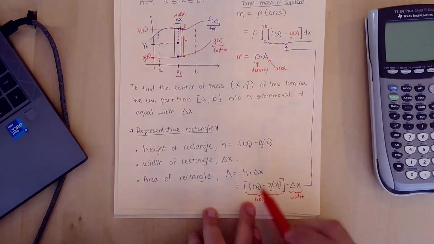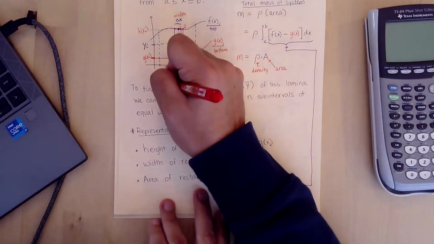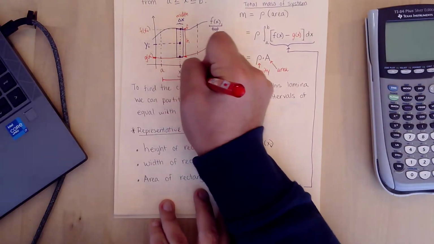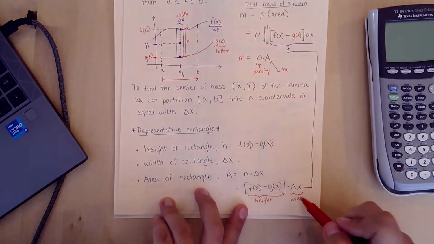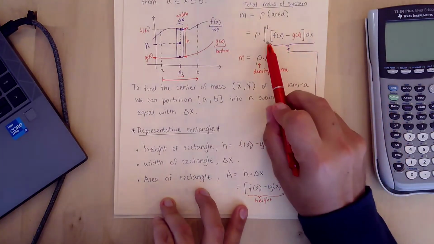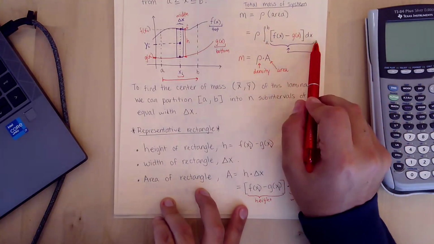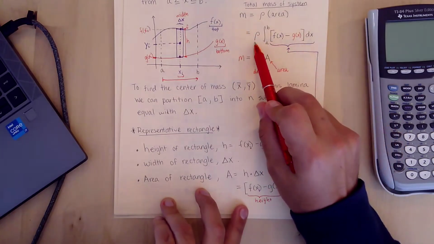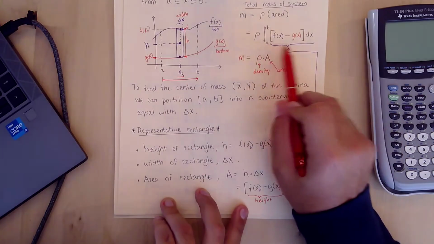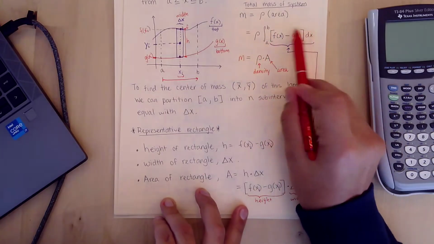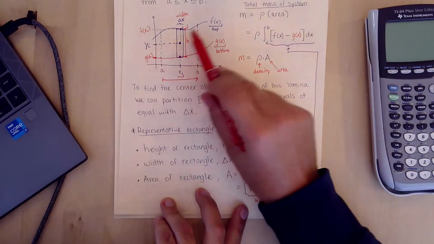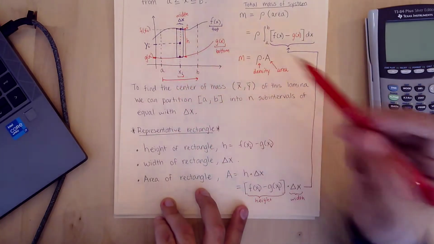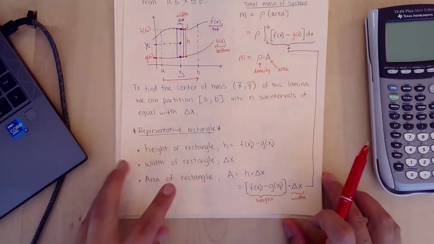And then if we're going to integrate it from our starting point of the interval to the ending point, that's where we're getting this integration formula. So the total mass of the system is going to be whatever that density value is times this very familiar integral, which gives us the area between the two functions, right?